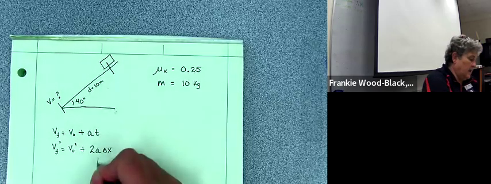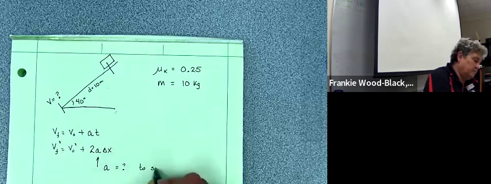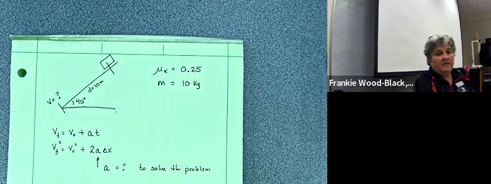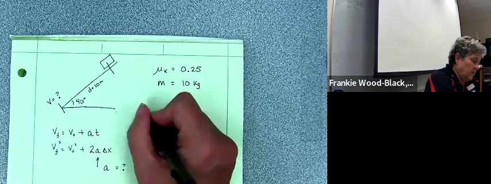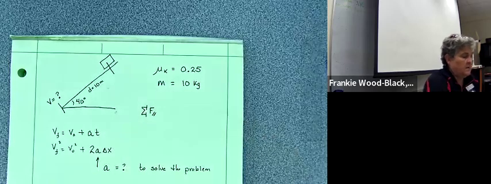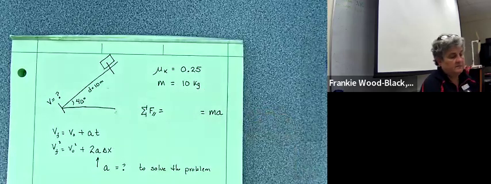I need acceleration to solve this problem. But I now have another way of doing it. We know that the sum of the forces parallel to the inclined plane is going to equal the mass times acceleration.